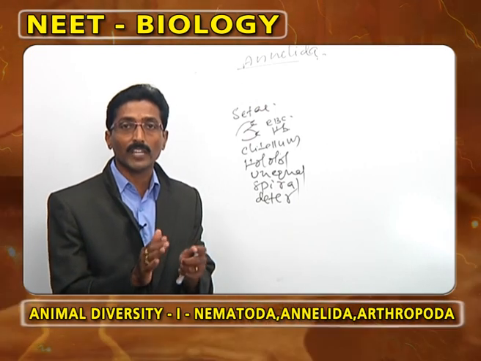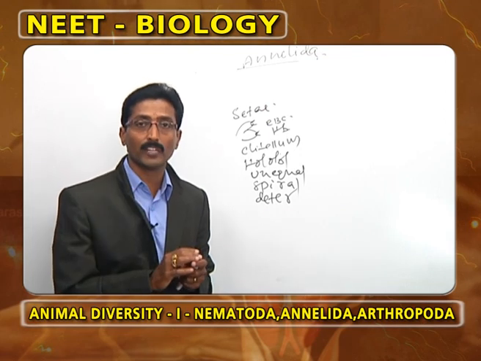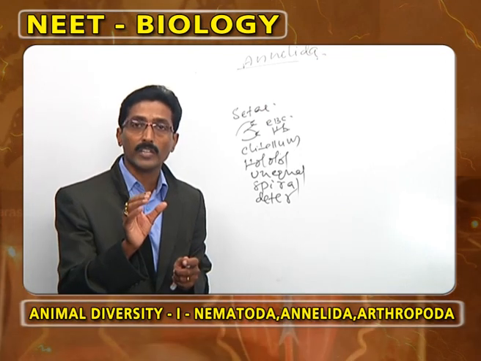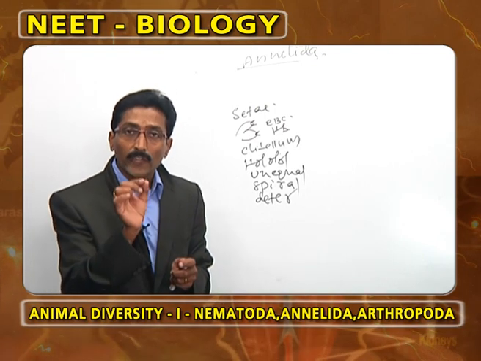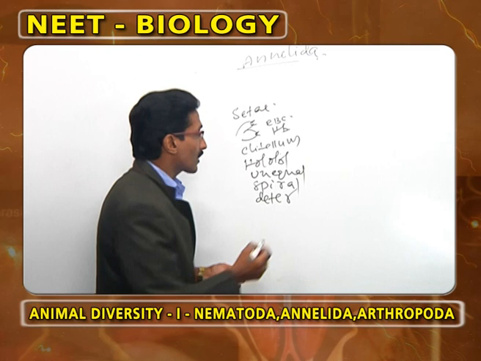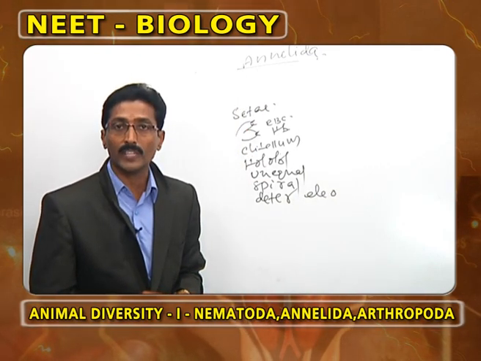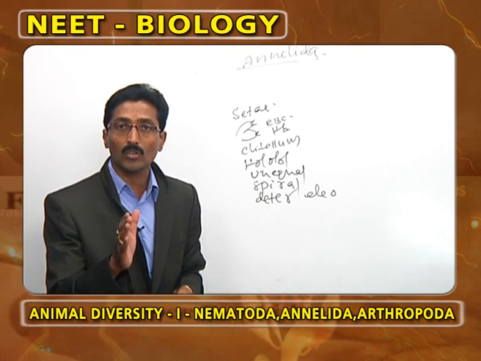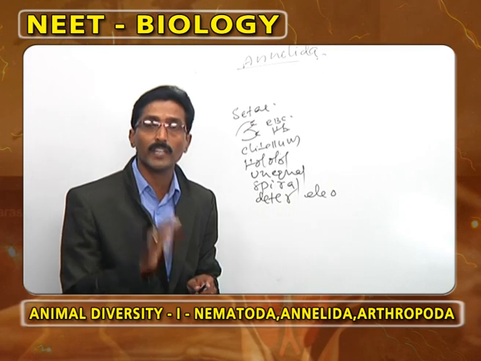What is the difference between nephridia and chlorogogen cells? The nephridia derived from ectoderm, whereas the chlorogogen cells are derived from the mesoderm. Here, the free chlorogogen cells are called ileocytes. What is the difference between the chlorogogen cells and ileocytes? Chlorogogen cells are stationary, whereas ileocytes are free moving.